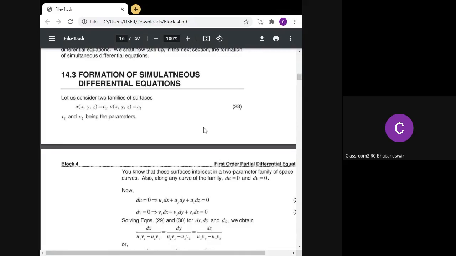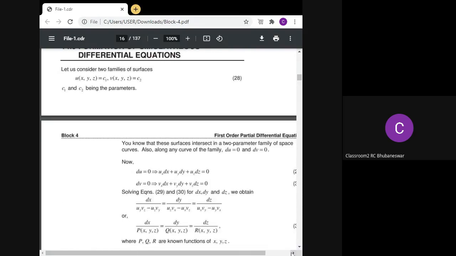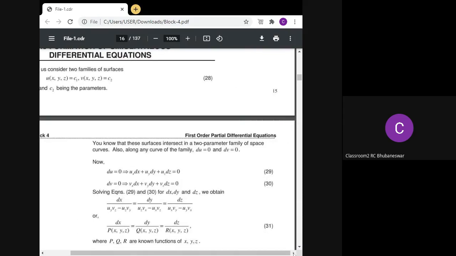Now whenever this type of equations are given and we have to form a system of differential equations, the process is quite simple. First we have to assign the total derivative of the first surface and of the second surface equal to 0. That means du equals 0 and dv equals 0.